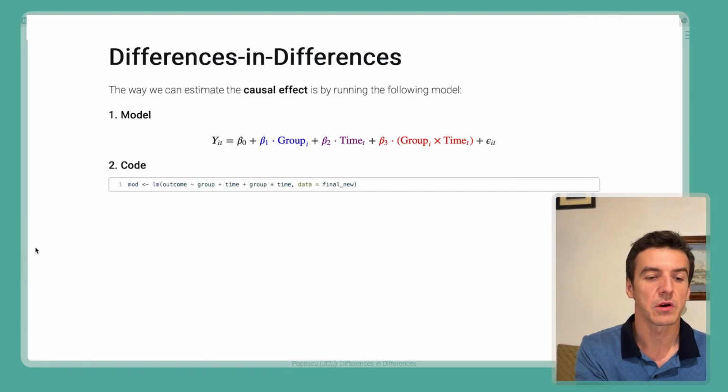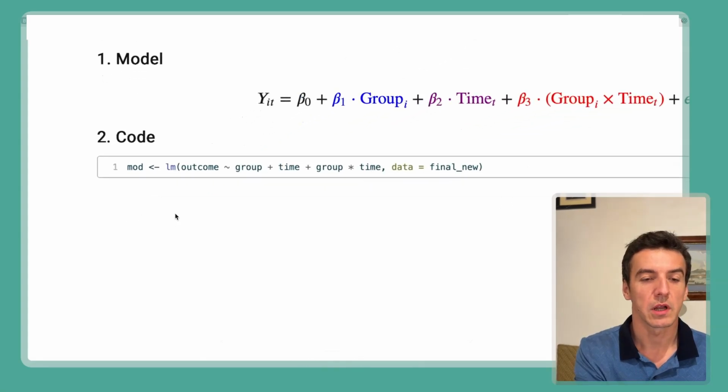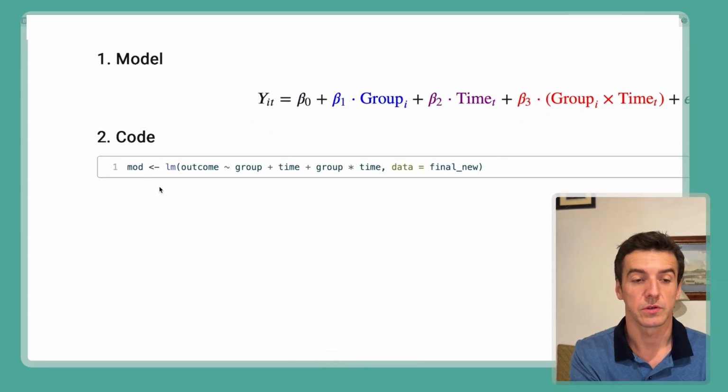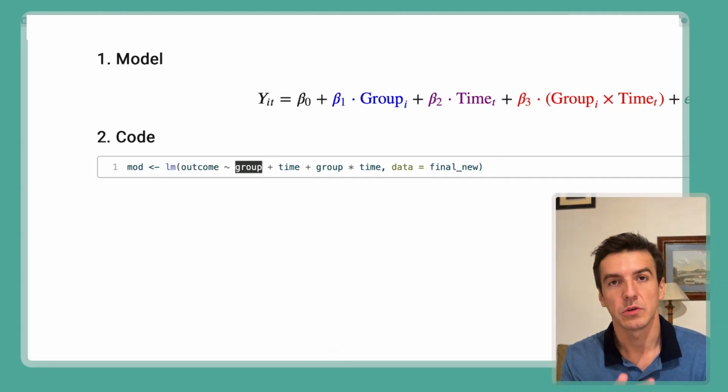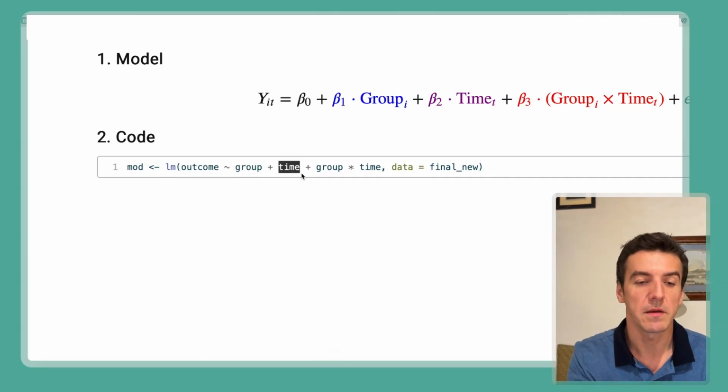So this is, for example, what this would look like in R code. You have the outcome of interest, the dependent variable. You have the group, essentially an identifier, whether it's, in the Card Krueger example, New Jersey or Pennsylvania. We have a time period, whether it's before or after.